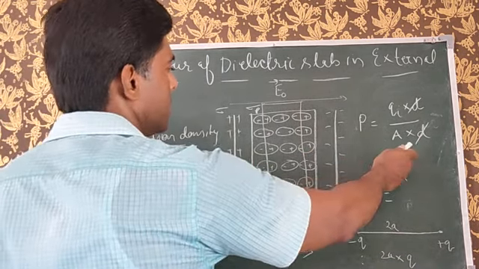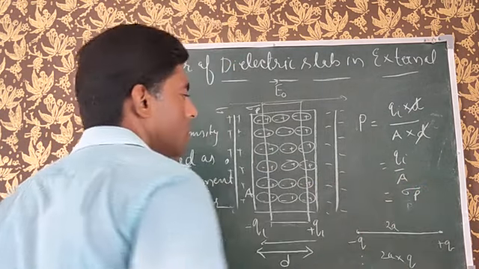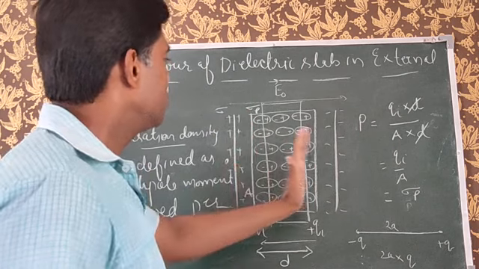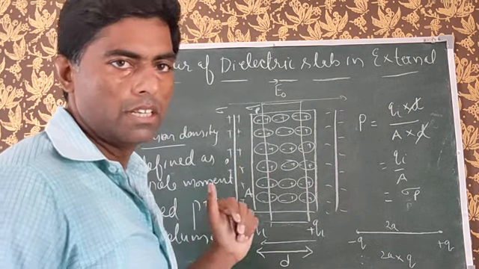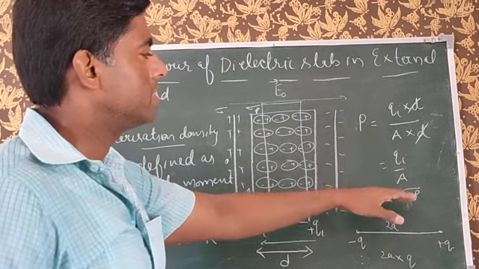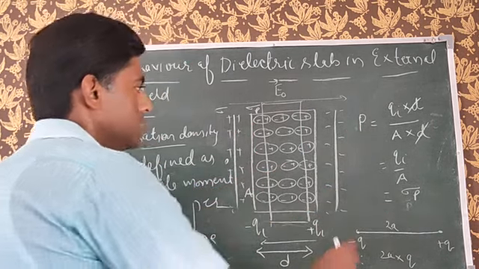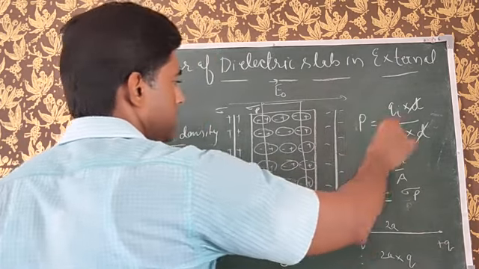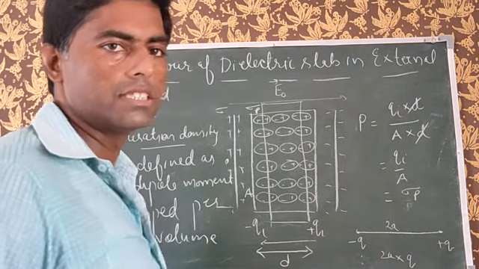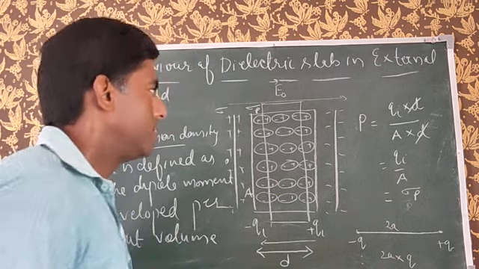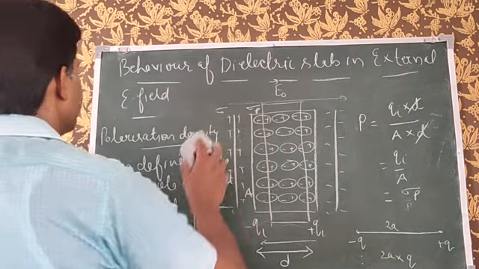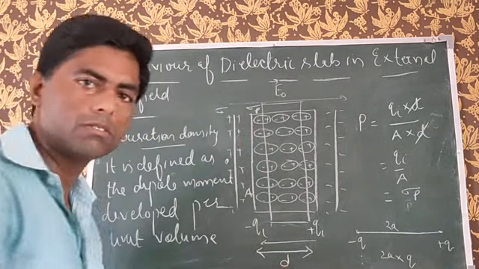Now this is the surface charge density of polarized charge, because the q charge appears due to polarization of the dielectric slab. So polarization density is equal to the surface charge density of polarization. In this way we define polarization density. Now note down this.